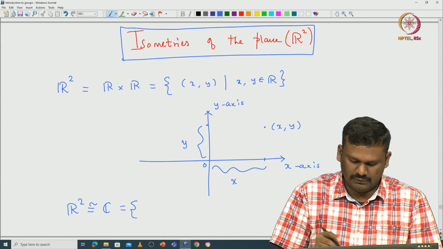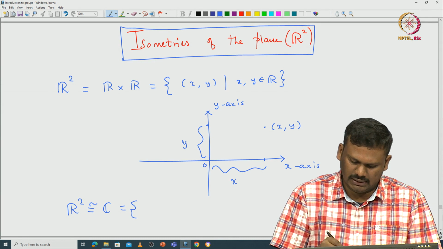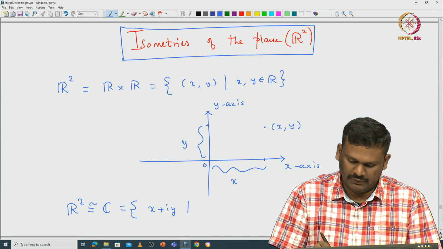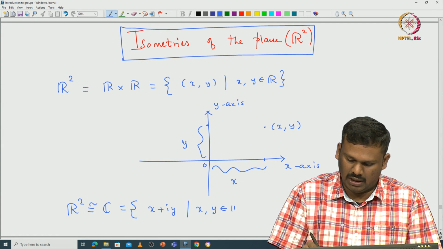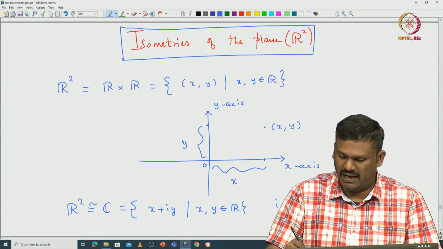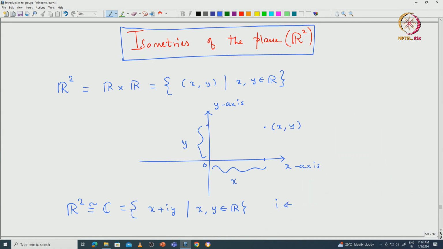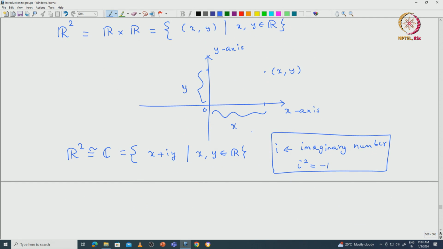That way we can do some algebra. In the complex plane, instead of the pair x comma y, you write x plus i y, where x comma y come from R, and i is the imaginary number whose square we assume to be minus 1. So, this is our two dimensional plane R2.